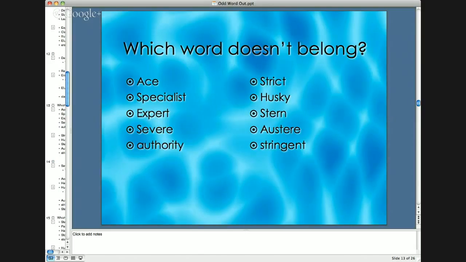What about the next one? Strict, husky, stern, austere, stringent. Which one is the odd word out?